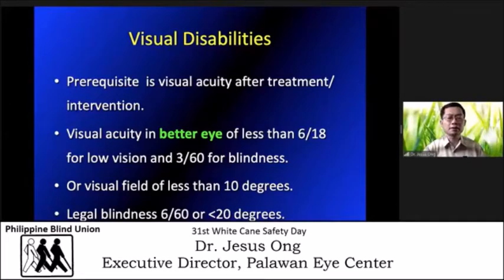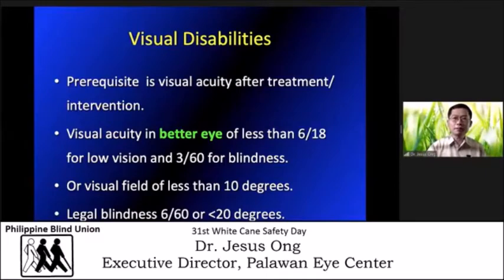Or criterion. Another option is for visual field of less than 10 degrees. Anong visual field? Ano bang meaning of visual field? Imagine, yun yung lawak, no? Lawak ng nakikita natin. Now, for example, your visual field kasing laki ng bond paper.